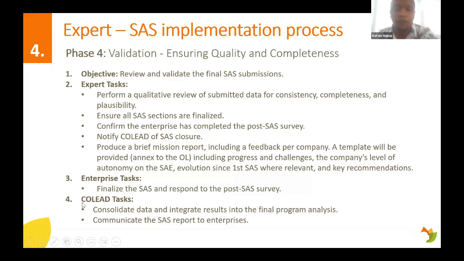Reporting. Here we are looking at issues to do with quality and completeness of the data. This is a validation process. The objective is to review and validate the final SAS submissions.